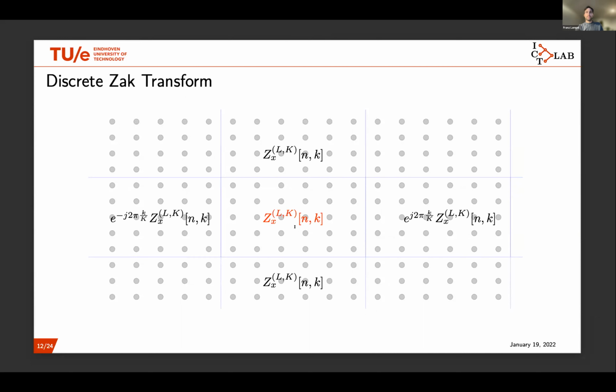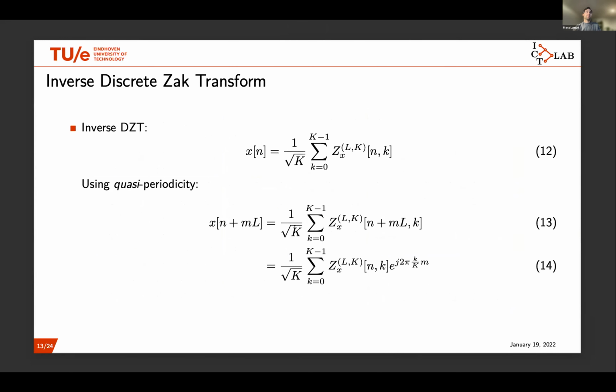And there's also, of course, the inverse relation. So we can calculate the signal itself from the Zak representation of a signal. This is done via this sum relation. We only need to sum along the k index of this Zak representation.